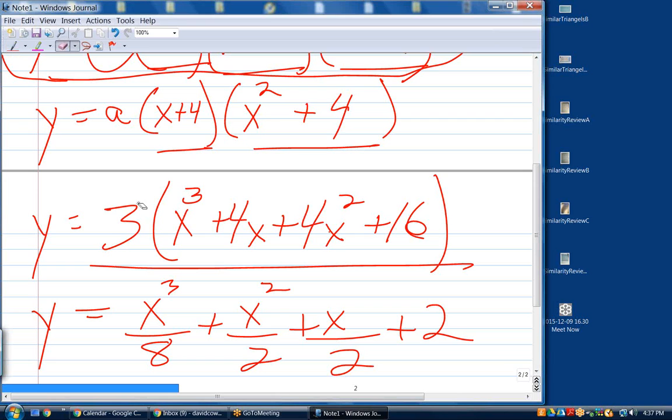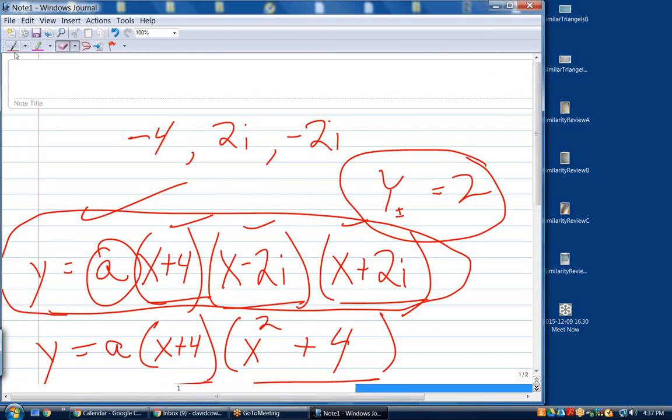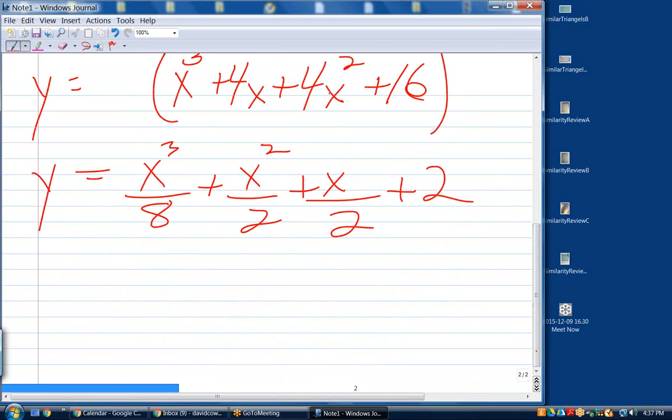You have to make a be whatever fits their condition. And it won't always be a y-intercept. They could have said, give me a polynomial that has 1/8 as the coefficient of the x cubed term. I would have gotten to here and realized my coefficient is 1, so I need to multiply everything by 1/8. That makes more sense.